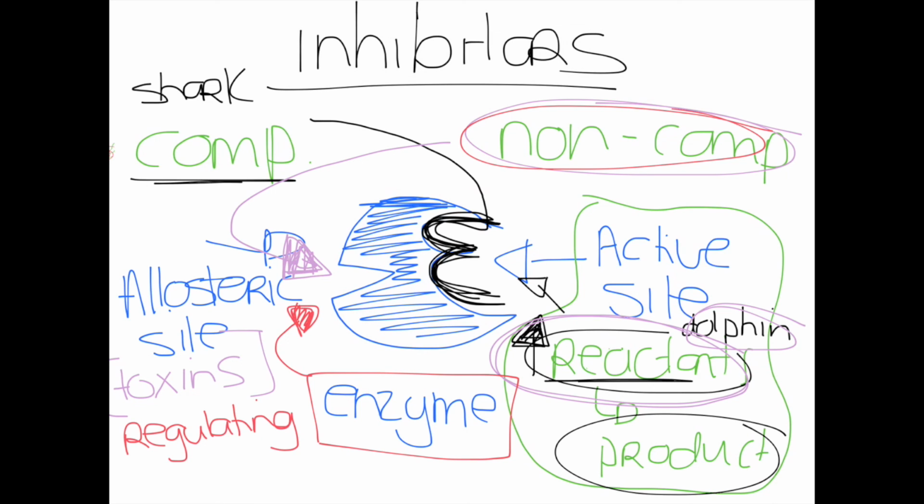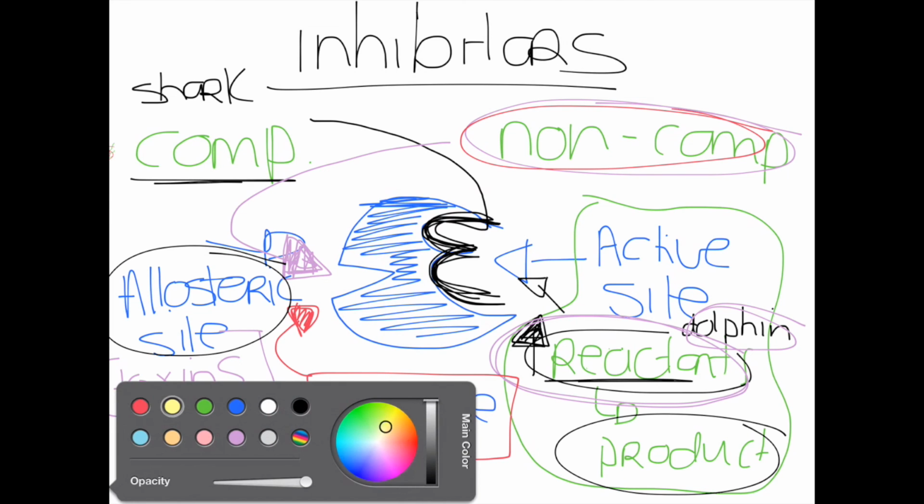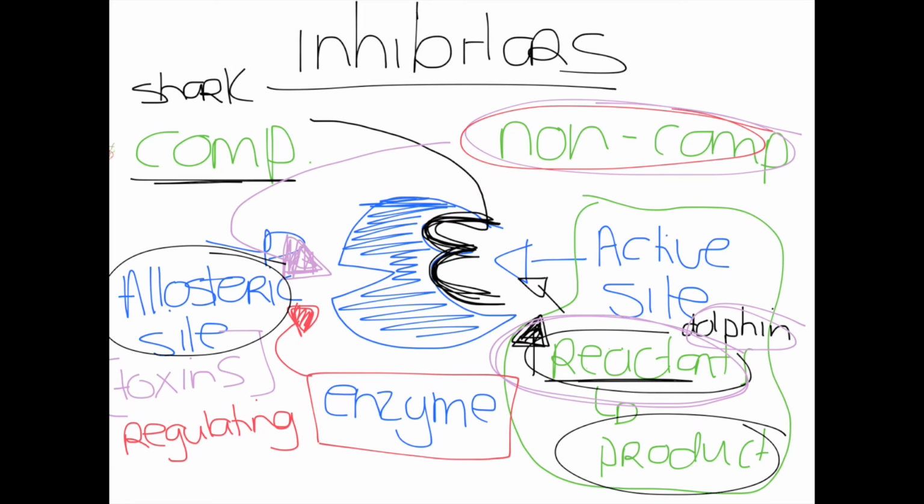I haven't talked about the most important reason why this non-competitive inhibitor works. I know you're really excited to find out. What happens is when it binds in here, it actually changes the shape of the active site.